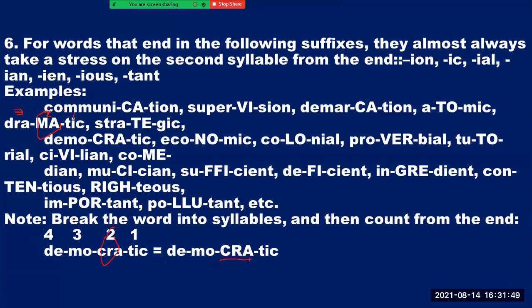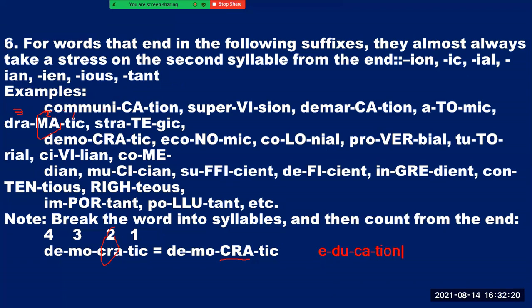For words that end in these suffixes, the suffixes are ION, IC, IAL, IAN, IEN, IOUS, TANT. All right. Now let me try and show you something with the word education.